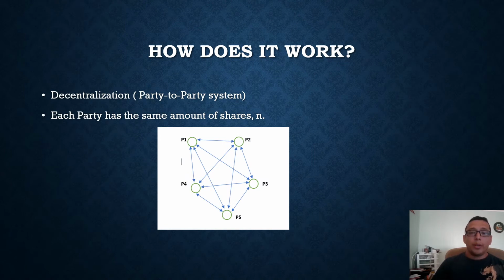Here is a graphical representation of how multi-party computation works. Like I mentioned, it's a decentralized system. Each party locally generates shares and sends them to the other parties. That's how it works. The nodes represent the parties, and the arrows the shares.